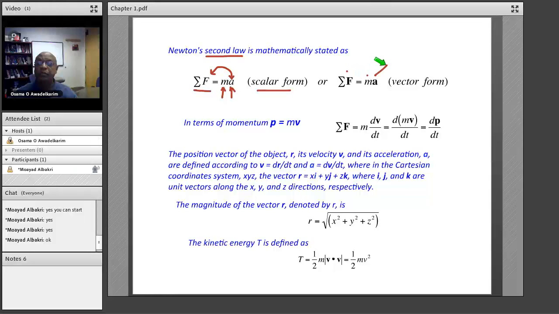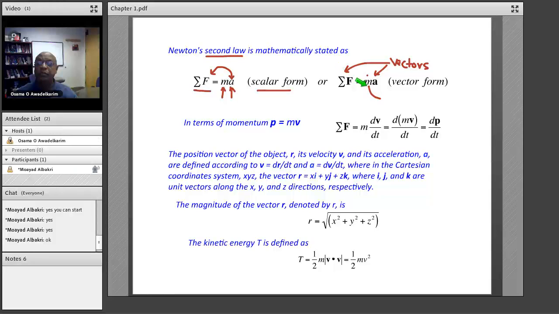So here we have a vector, right, which is the acceleration. It has direction and it has magnitude. Okay, and here we have the force, which is also a vector. It has a direction and magnitude, and we can clearly see that the direction of the force and the direction of the acceleration are the same.